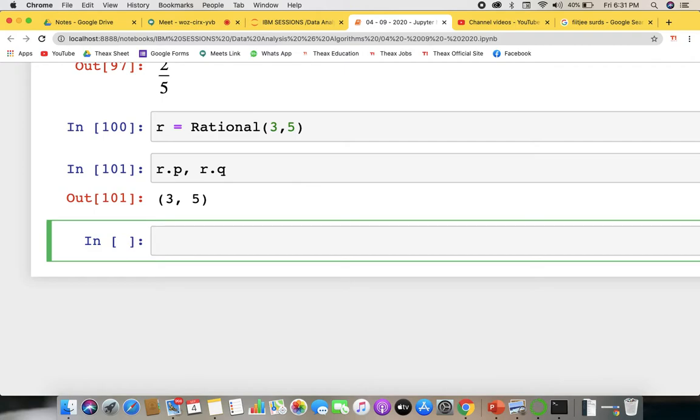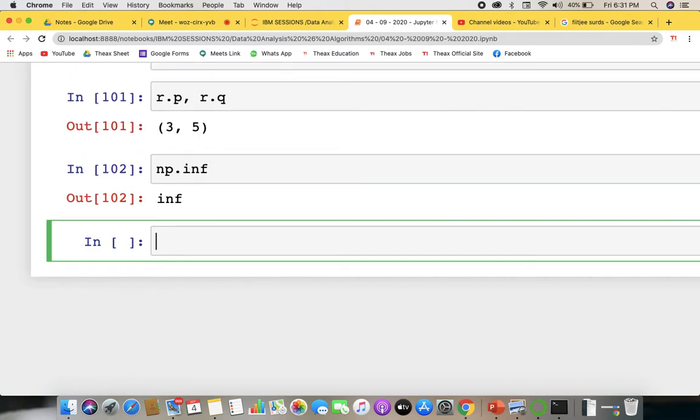Okay. Now infinity, right? In NumPy, how do we define infinity? Answer quickly. In NumPy, how do we define infinity? np dot inf.